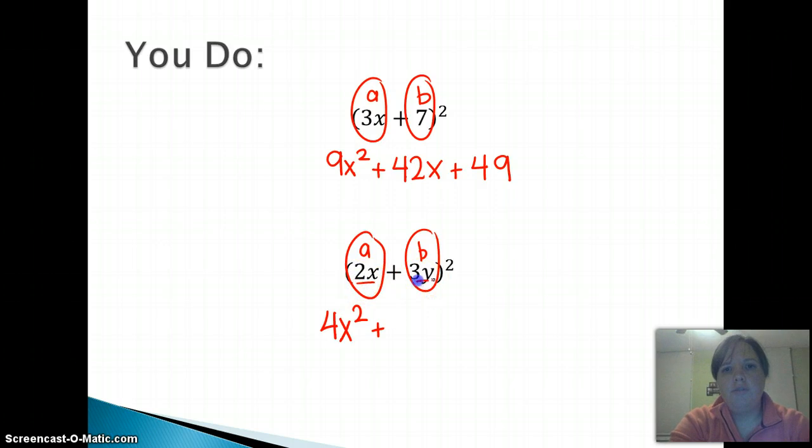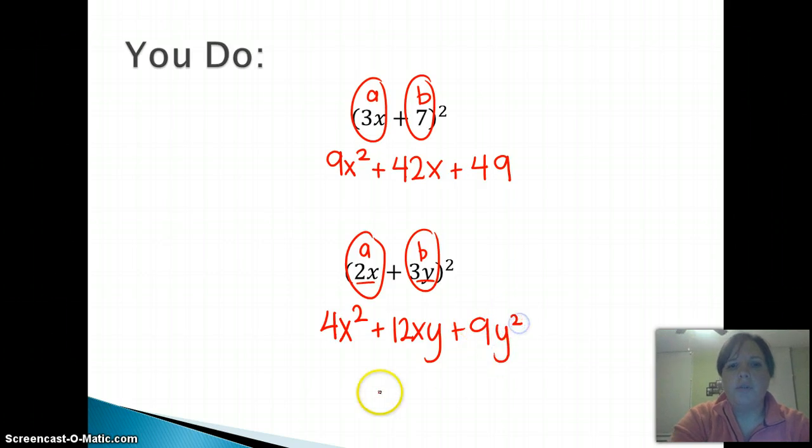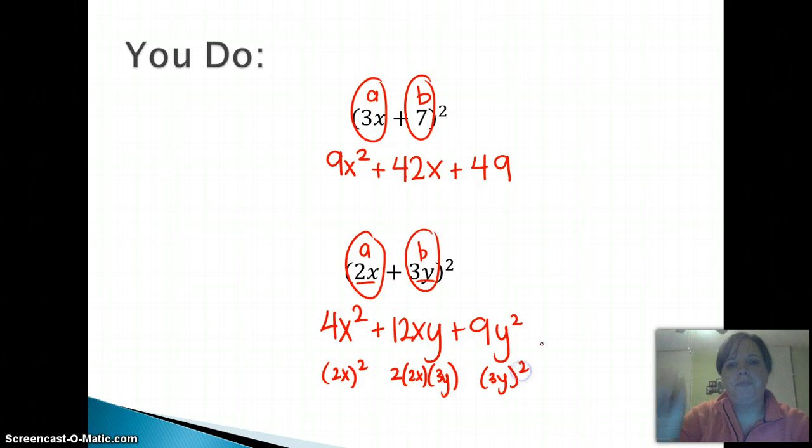These two multiplied give you 6xy, and 2 times that would be 12xy. And then b squared would be 3y squared, so that would be 9y squared. Again, 2x squared, 2 times 2x times 3y, and 3y squared.